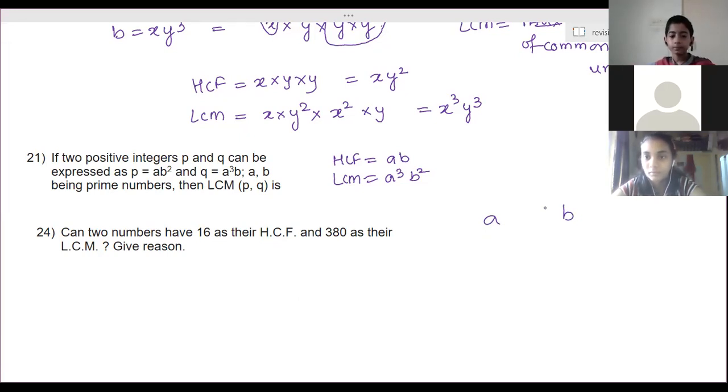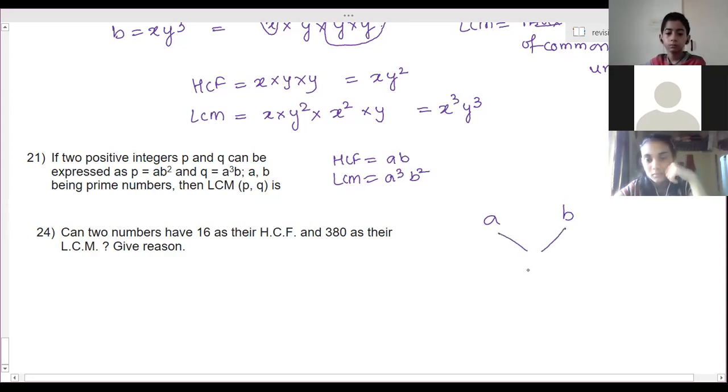So that means HCF is a number which divides A and B both, right? The meaning of HCF and the meaning of LCM should be very clear to you. HCF means a number which divides A and B both. That means it is a common factor of both A and B. And that number is always lesser than or equal to the least value.